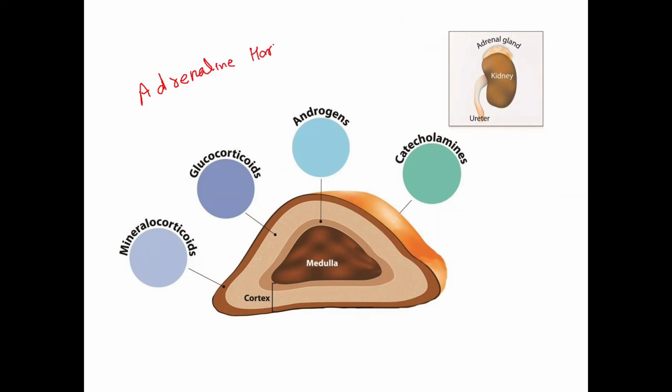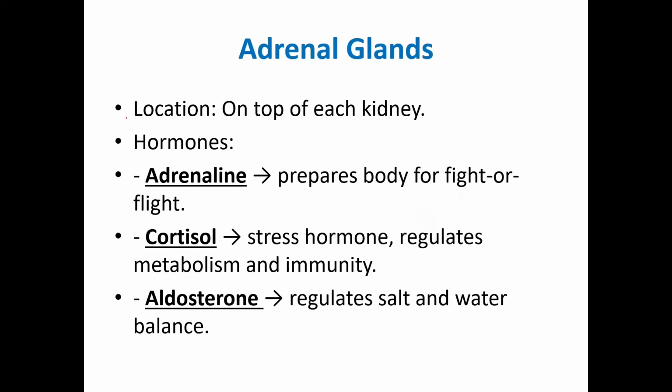Others include mineralocorticoids, glucocorticoids, androgens, catecholamines, etc. Location: on top of each kidney. Hormones: adrenaline, cortisol and aldosterone. These are the general and basic hormones released by the adrenal gland.